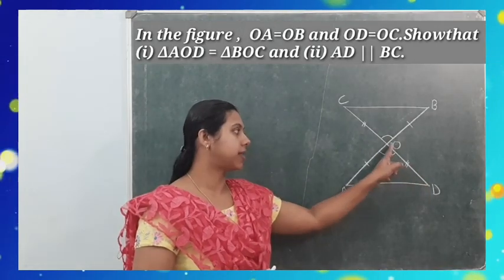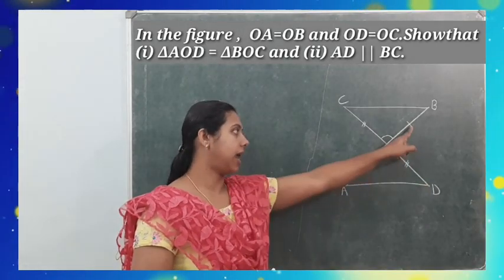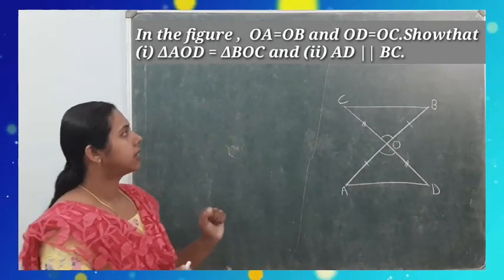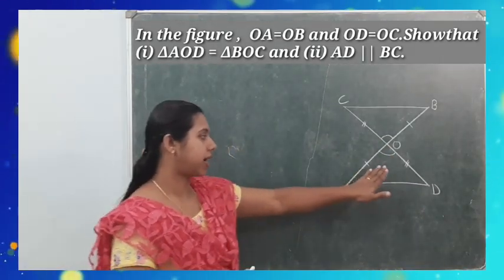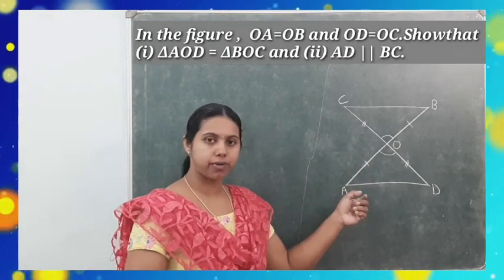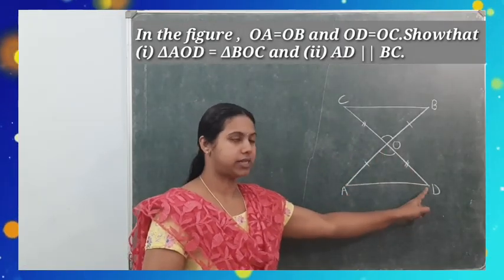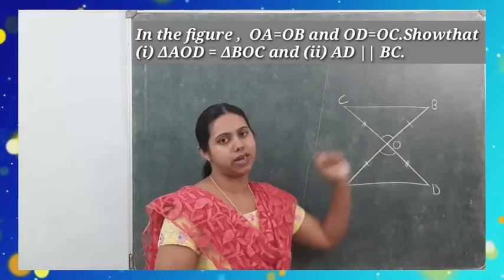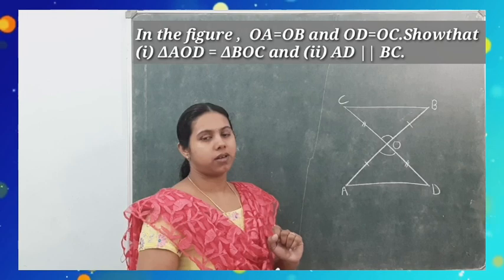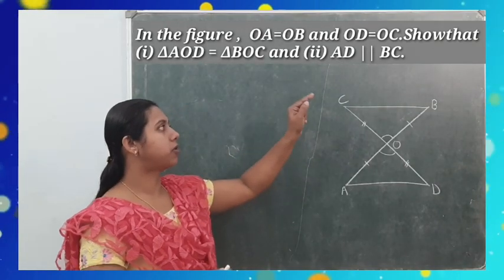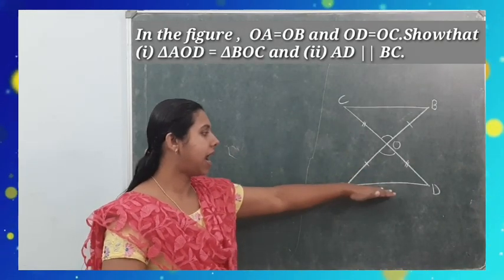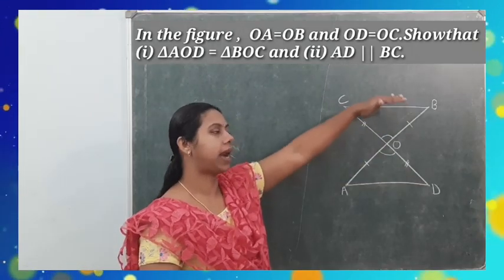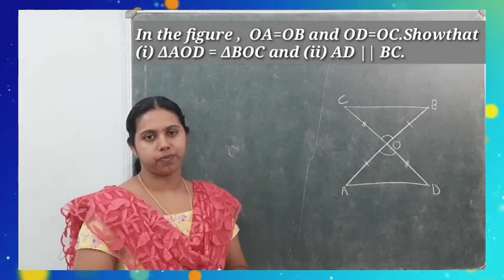That means O is the midpoint of the line AB and line CD. And we want to show that triangle AOD is congruent to triangle COB. And the second thing we want to prove is that line AD is parallel to BC.